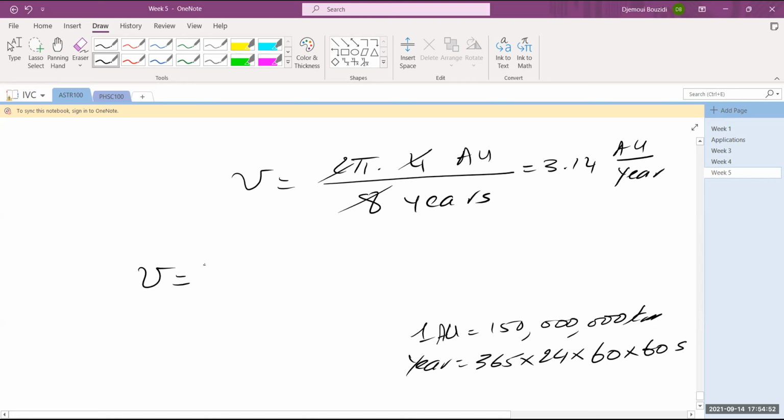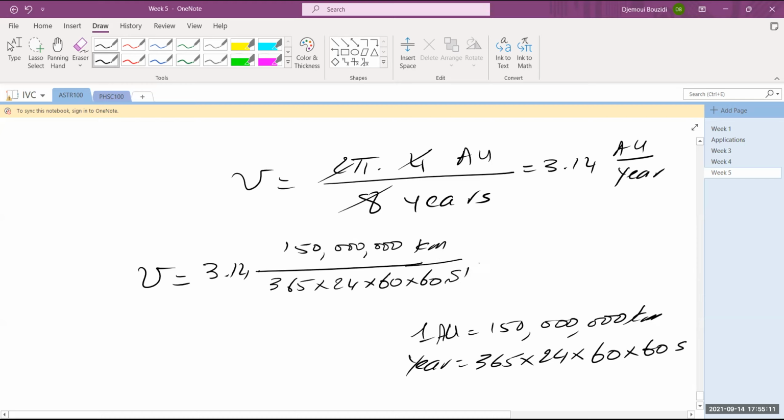Now I have to multiply 3.14 by 150 million kilometers and divide by 365 times 24 times 60 times 60 seconds. Finish this. You're going to find the answer in kilometers per second, as the question is asking.